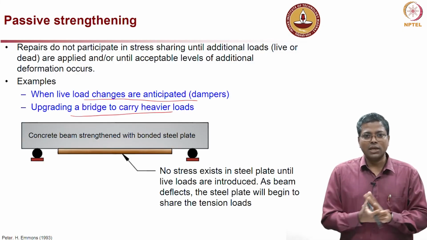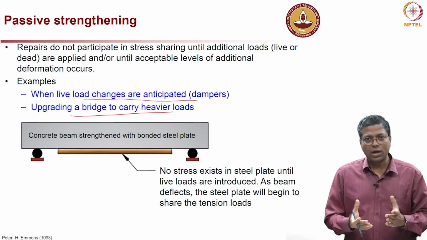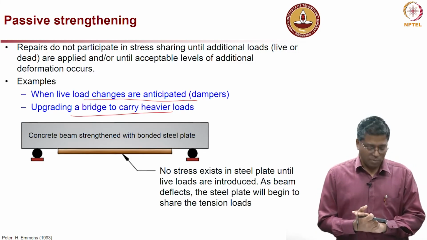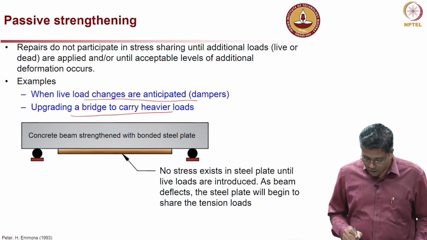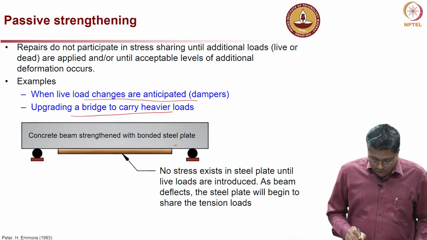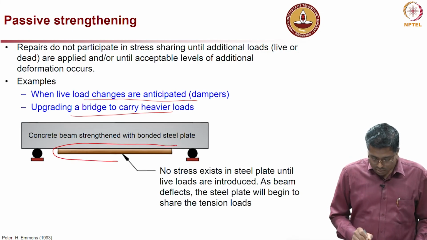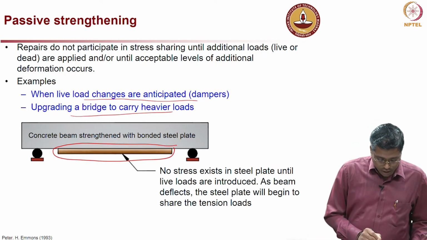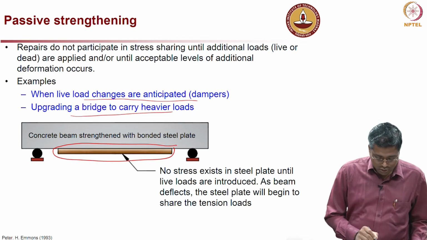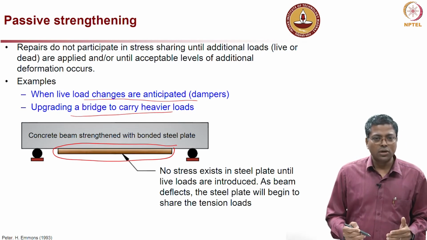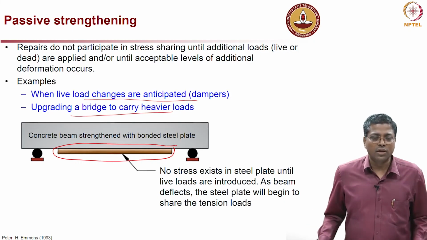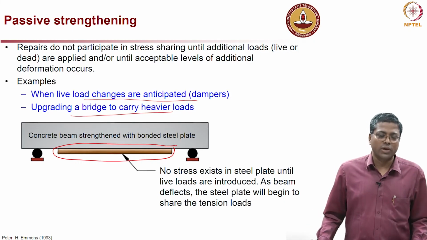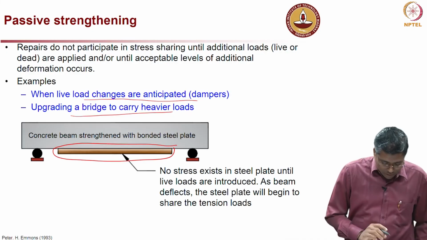When those extreme load conditions occur, these elements will come into action. Now, an example is here, you can see a beam with a plate element below which is not pre-stressed. So, this plate element will come into action only when there is a significant deformation or a significant loading. Until then it just stays there.